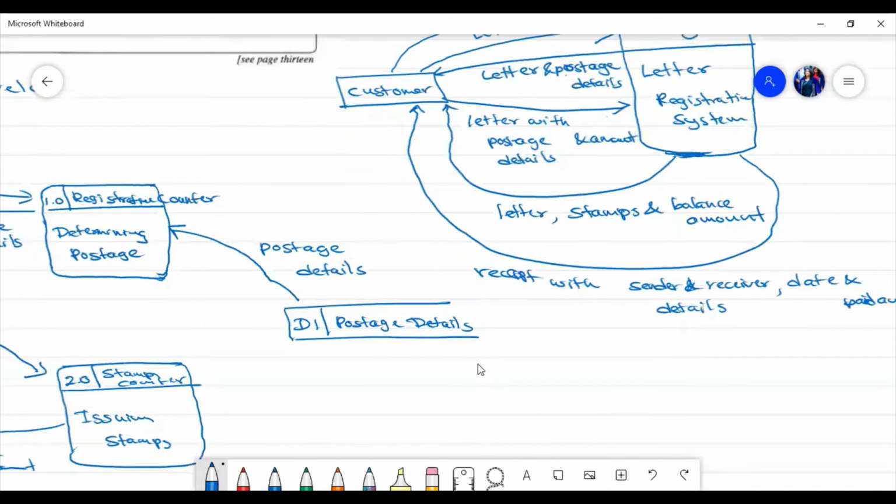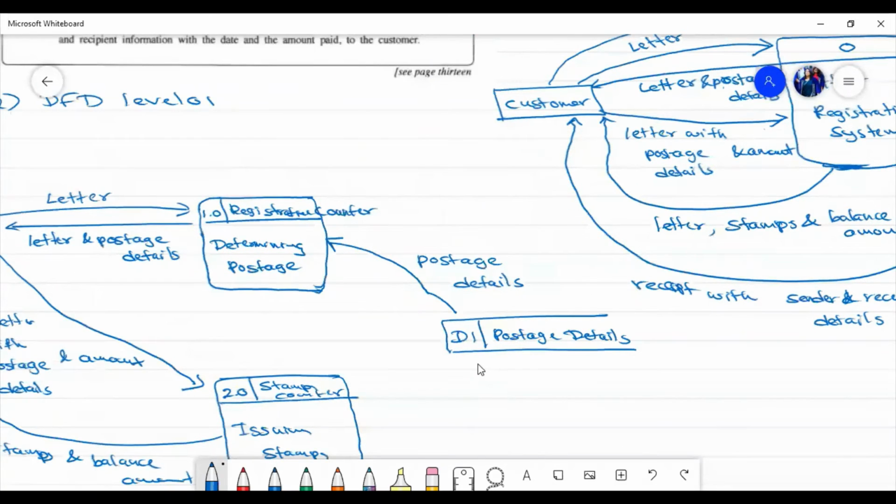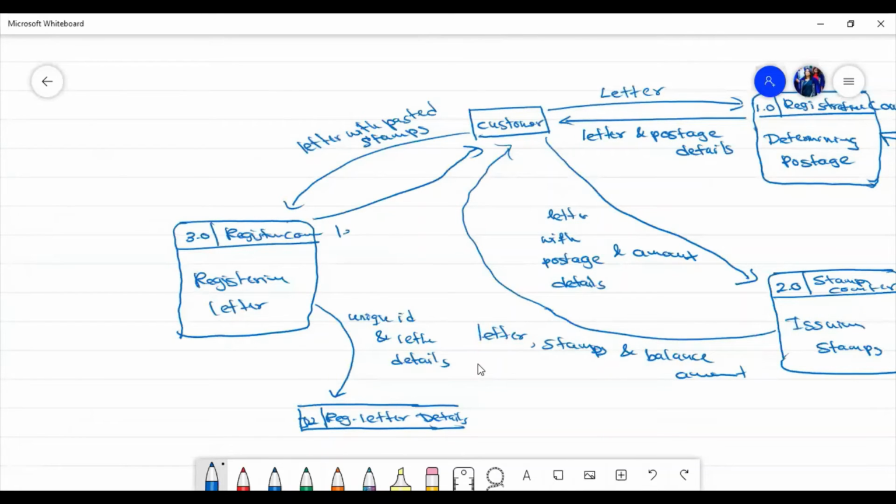So here we could say the process will give back, sorry, not the letter, receipt with the sender, receiver, date and amount details. So that's it, right?